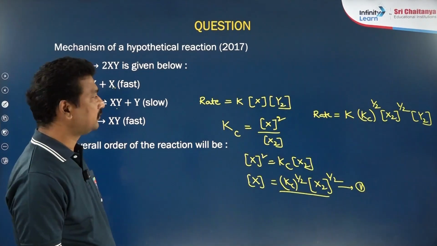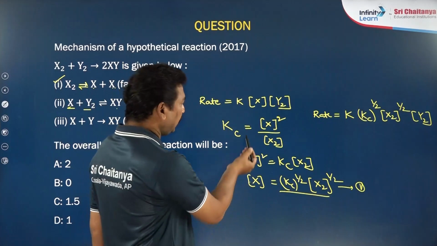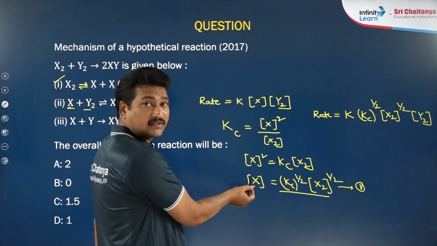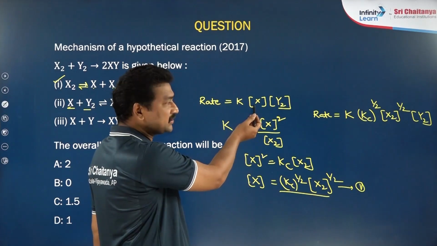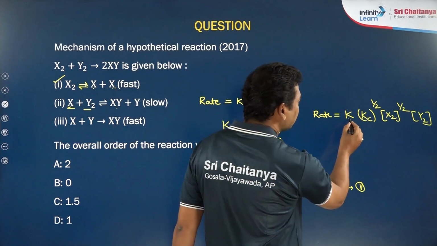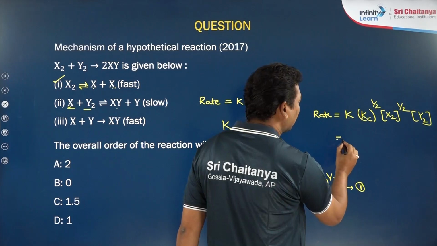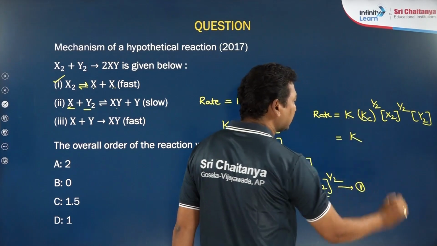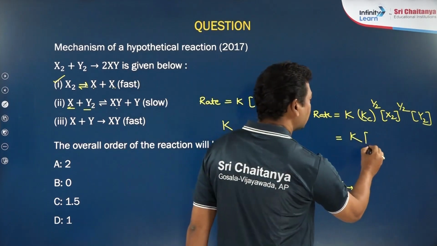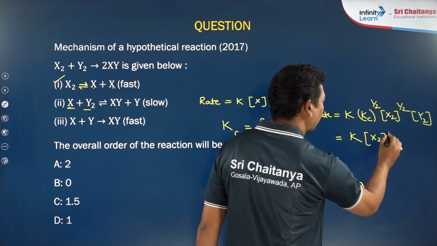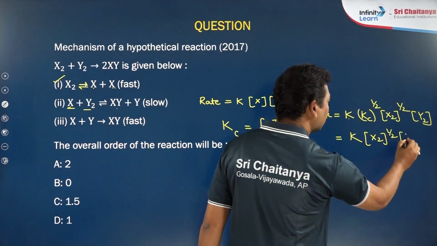No change with the Y2. Did you understand this? Here I have isolated the X concentration and substituted it here. So this is a constant, under root constant. When a constant is multiplied with one more constant, it becomes a constant. K into molar concentration of X2 to the power of 1 by 2 into molar concentration of Y2.